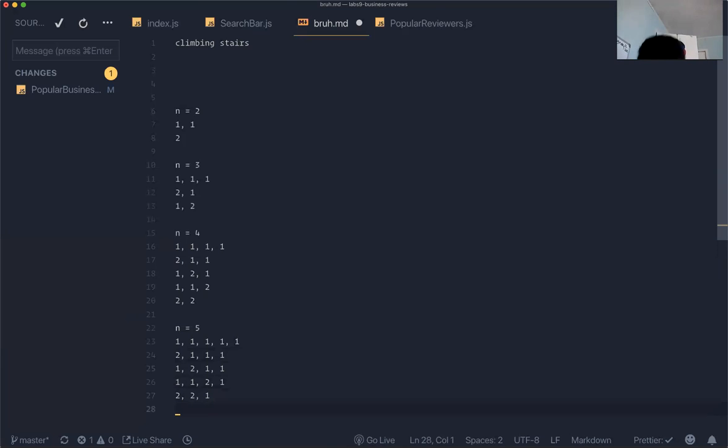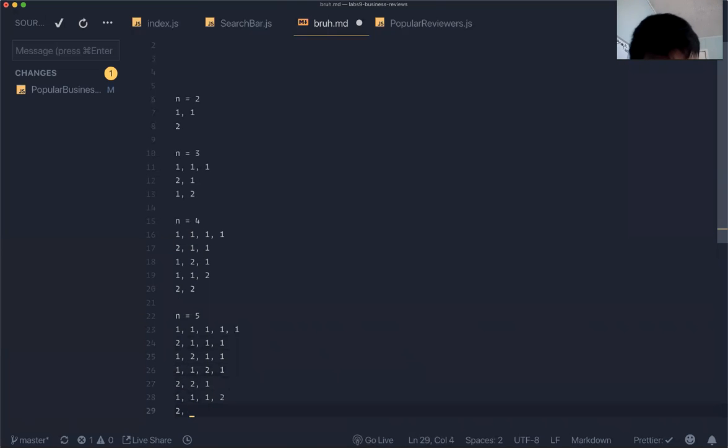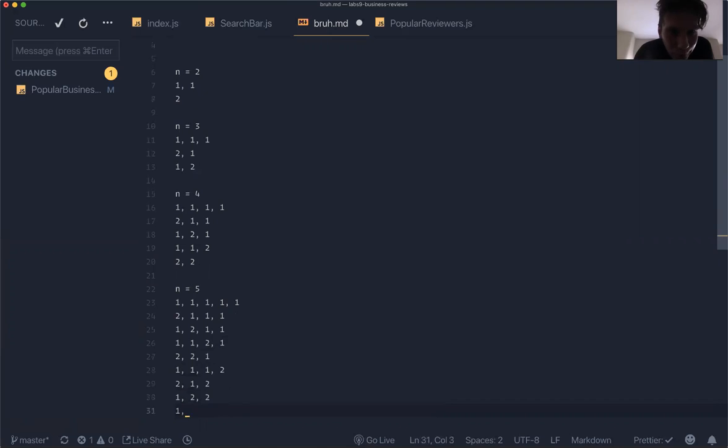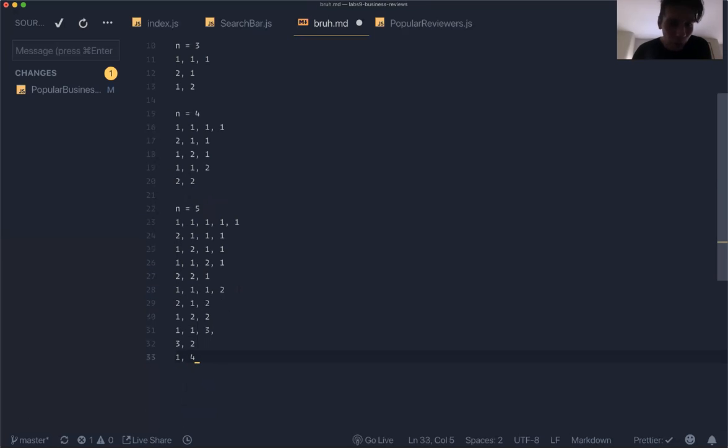And the third step, 1, 1, 1, 2, 2, 1, 2, 1, 2, 2. And lastly, the second step, 1, 1, 3, 3, 2. And from the first step, 1, 4. So here are all your variations for 5 steps, and you repeat the process until you get to, say, the 100 step.